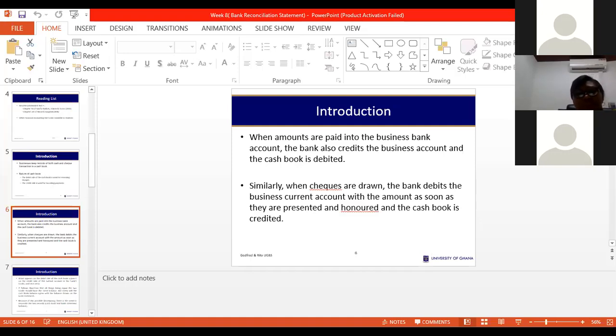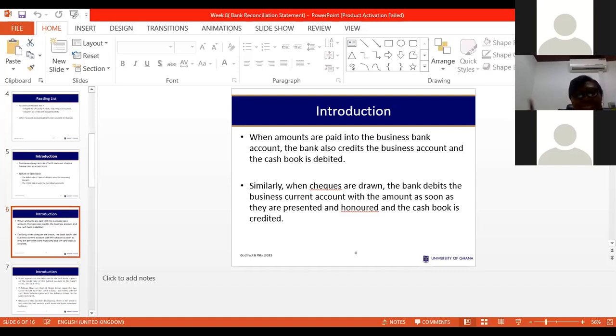Okay, in a similar way, when checks are drawn, so when we issue a check to Susie, in the bank column of our cash book, we will credit our cash book and debit Susie.